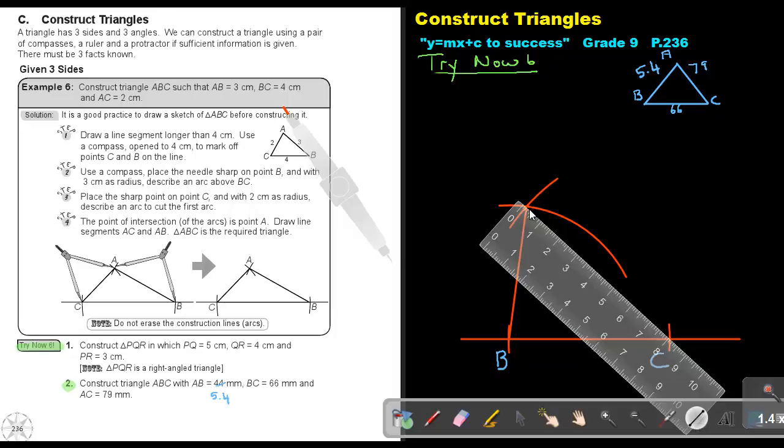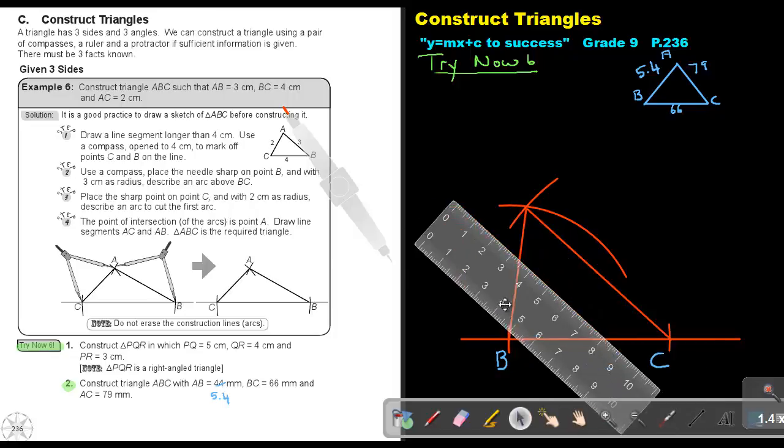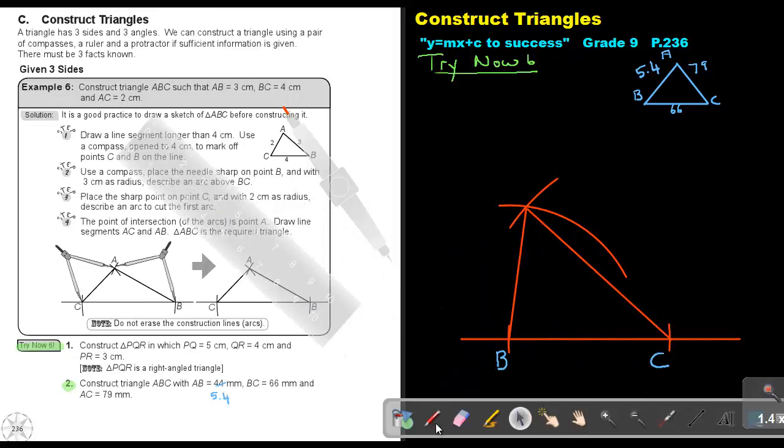And then take again that and just from there to that point. And then you can take your ruler away. And then you can just mark that point, and that will be point A. And there you constructed a triangle if 3 sides were given.